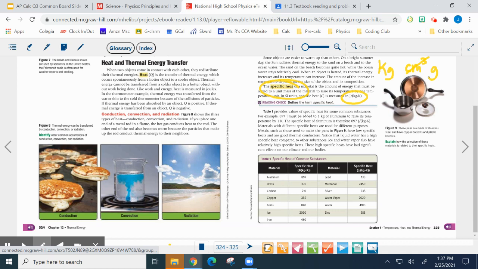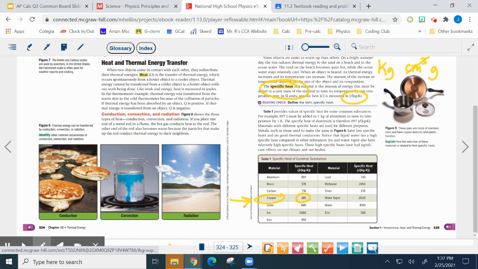Like if you go look up on the internet, let's just say we're going to need the specific heat of copper, and that's 385. It's right there, copper, 385. That's the amount of joules of energy it takes to heat 1 kilogram of copper 1 degree. If you look on the internet, there's a good chance you're going to find it in joules per gram degree Kelvin instead of joules per kilogram.